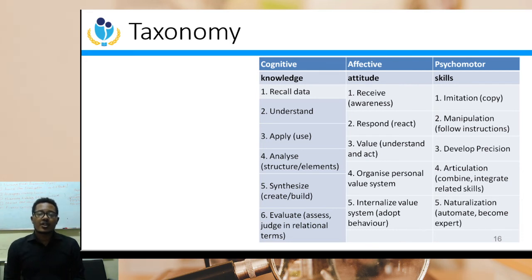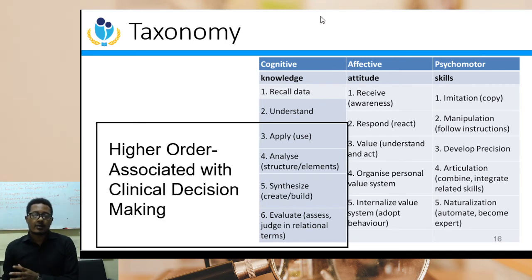In health professionals education and adult learning, it is expected that our objective domain should aim for higher order associated learning objectives.